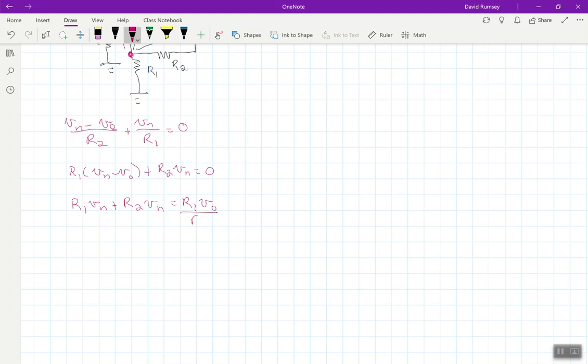So we're going to divide everything by R1. So we have Vn plus R2 over R1 Vn is equal to V out. Or we have (1 plus R2 over R1) Vn is equal to V out.